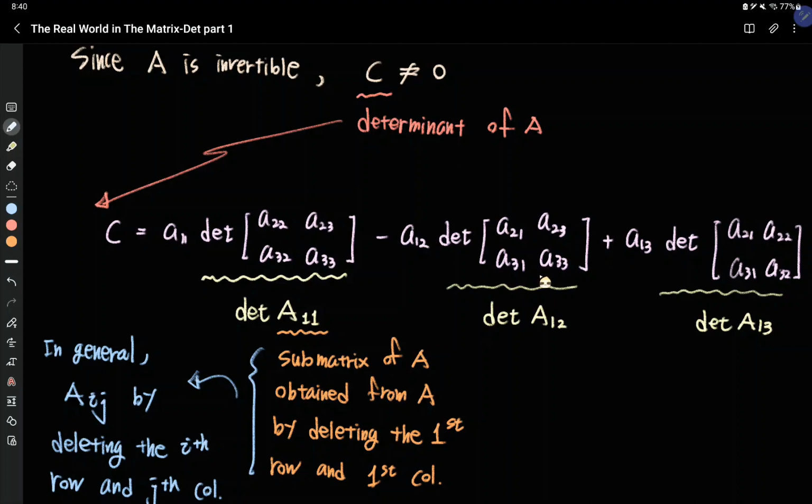And this is the determinant of submatrix A sub 1 2, which means that this is the submatrix of A obtained from A by deleting the first row and second column.